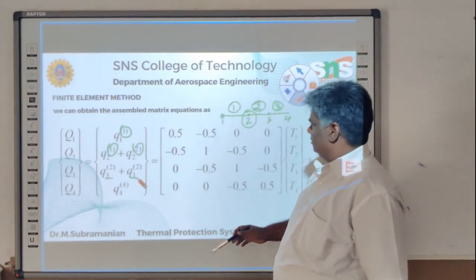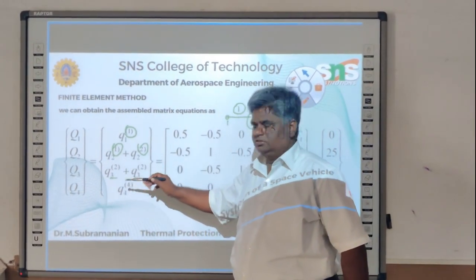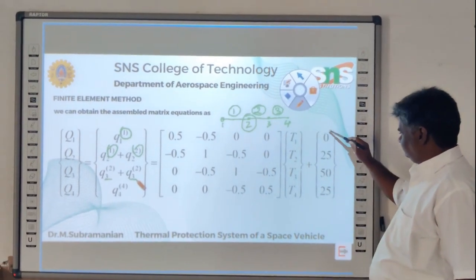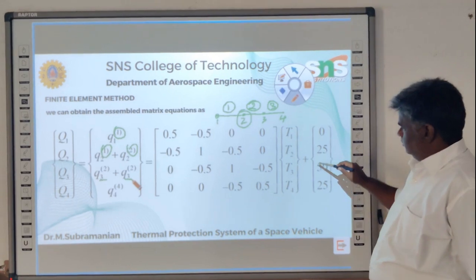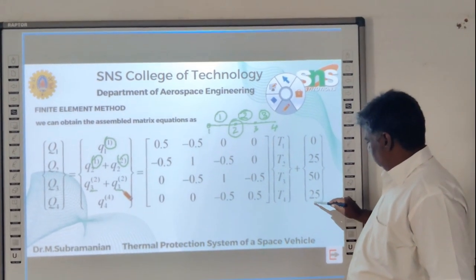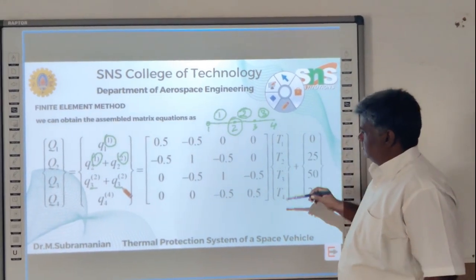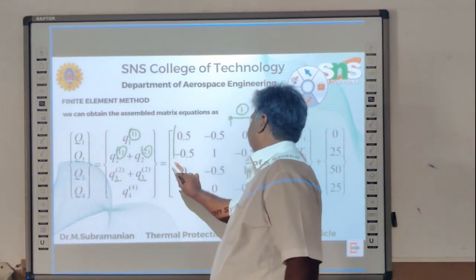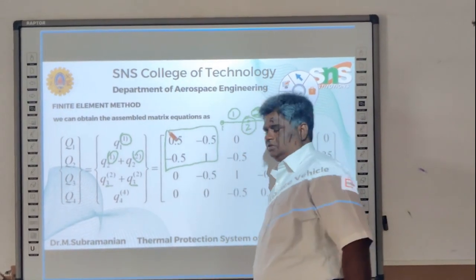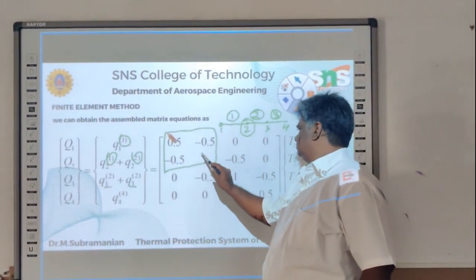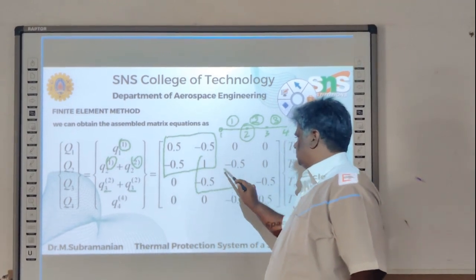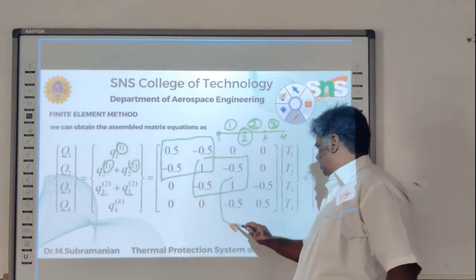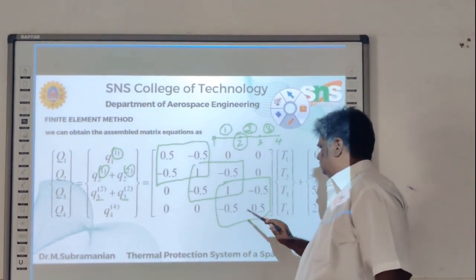So carefully rewriting this equation for the thermal load vector, substituting 25 plus 25, 50 plus 25. Then all of these are substituted: the stiffness matrix for element 1, the stiffness matrix for element 2, the stiffness matrix for element 3.